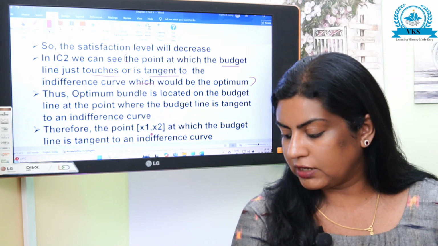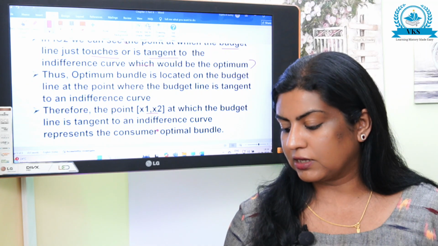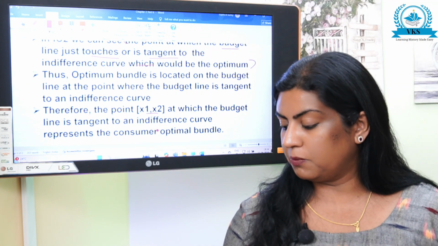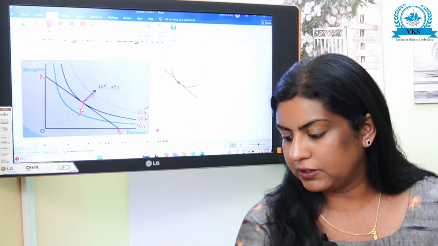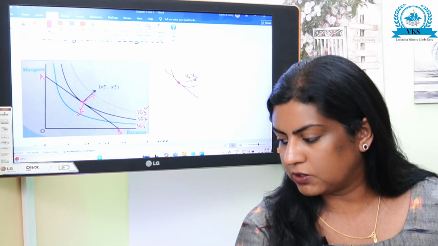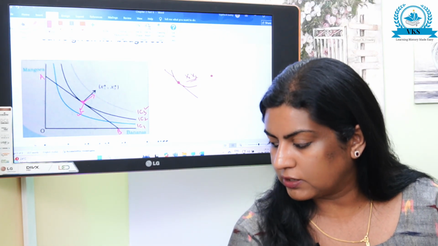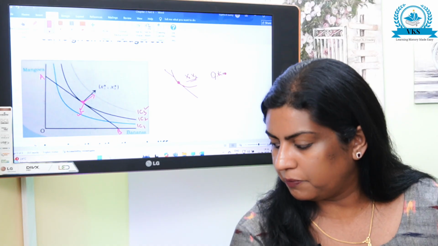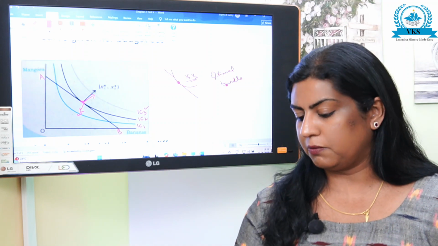Therefore, the point x1, x2 at which the line is tangent to an indifference curve represents the consumer's optimal bundle. So this point which we have marked here is x1, x2. This point shows the consumer's optimal choice, or optimal bundle.